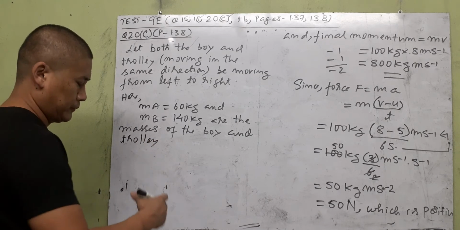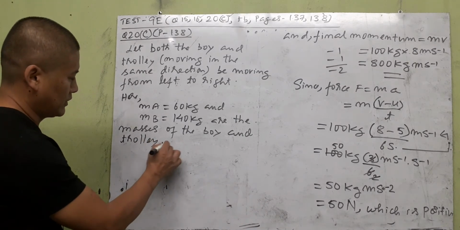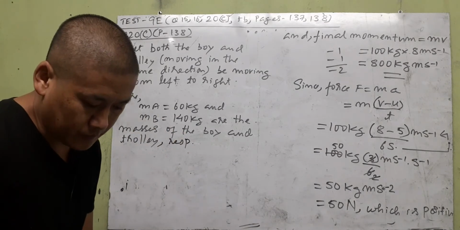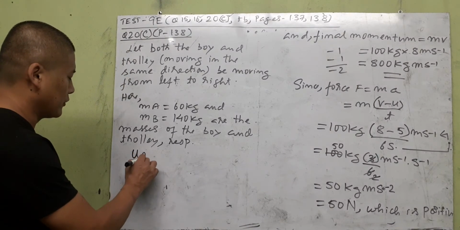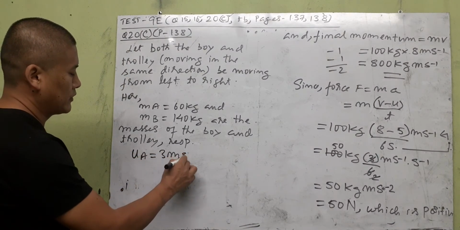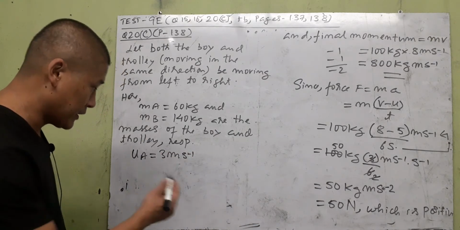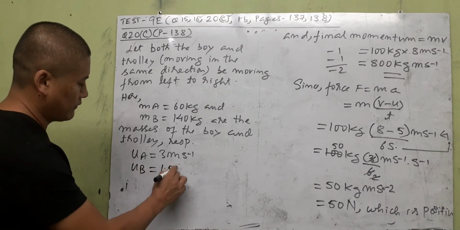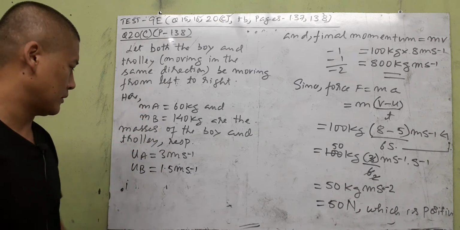Trolley means that it has wheels, and if you jump on it, it will move along with you, right? Then as you read on, the boy was running with initially 3 meters per second. So initial velocity of the boy, UA, is 3 meters per second. And the trolley was moving in the same direction as the boy, so initial velocity of the trolley, 1.5. Both of them in the same direction is plus, plus, left to right is plus.